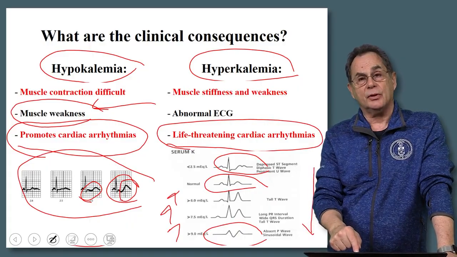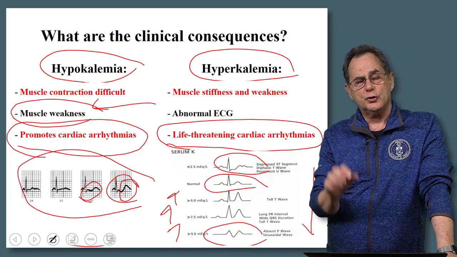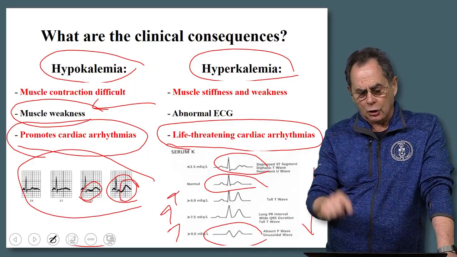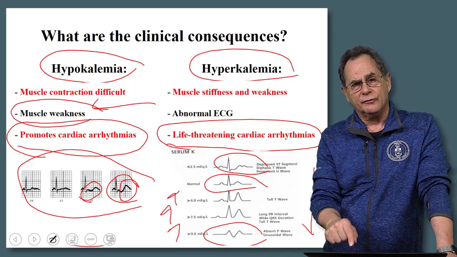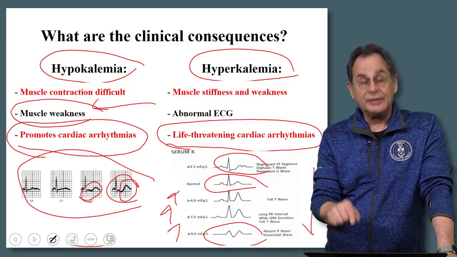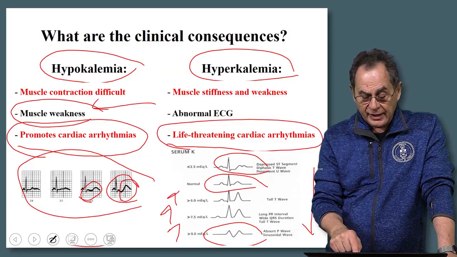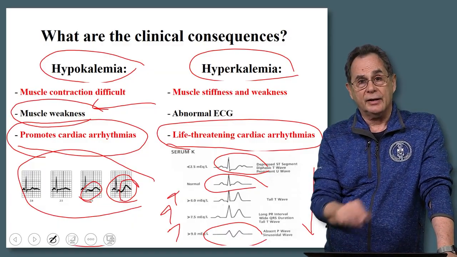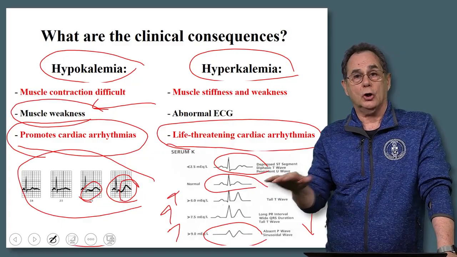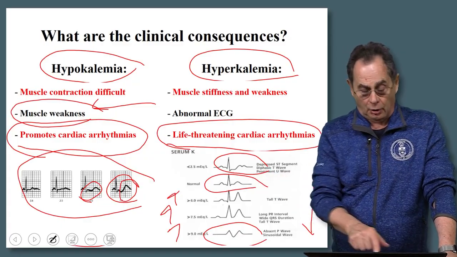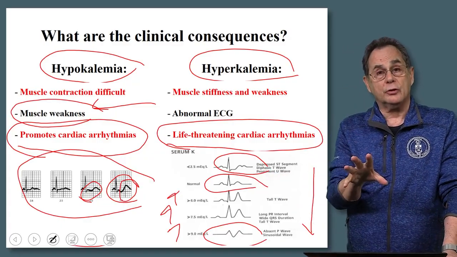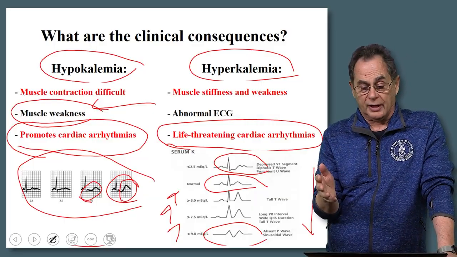Now the next step in this is asystole, so hyperkalemia causes electrical gradient differences in the heart reflected in the EKG that lead eventually to asystole, no contraction, cardiac arrest. Hypokalemia can cause ventricular tachycardia, which also can cause cardiac arrest.